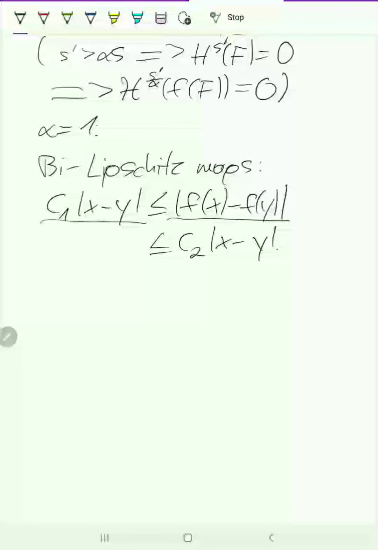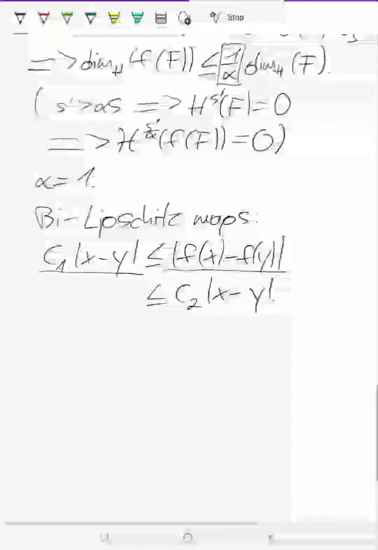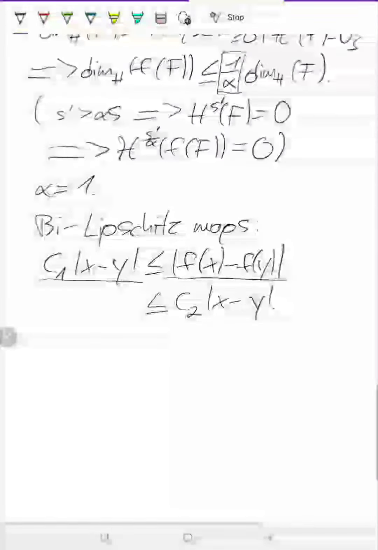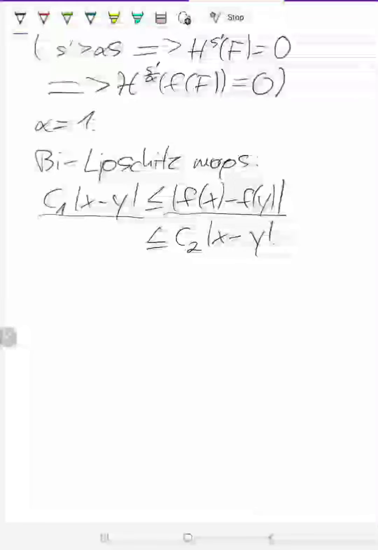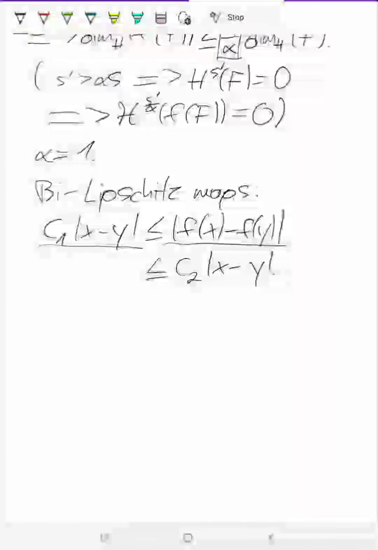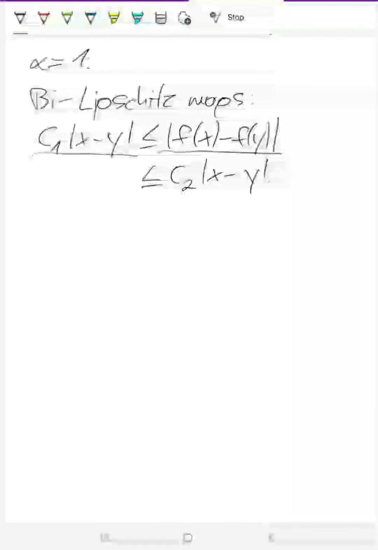So this is an injective map, and so we also have an inverse map from the image to the domain, and so we also get the inverse inequality if we look at the inverse map which has the image as domain. So these maps preserve the dimension.